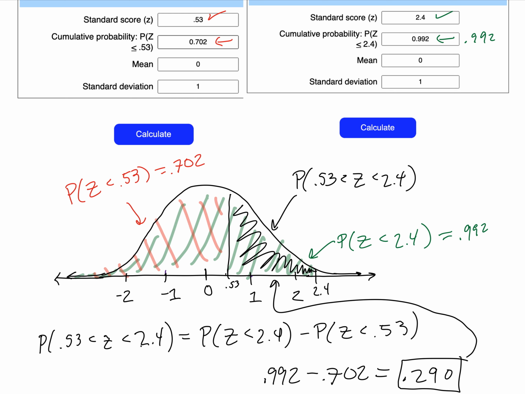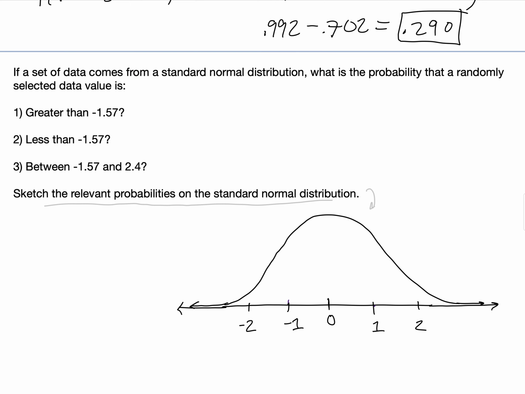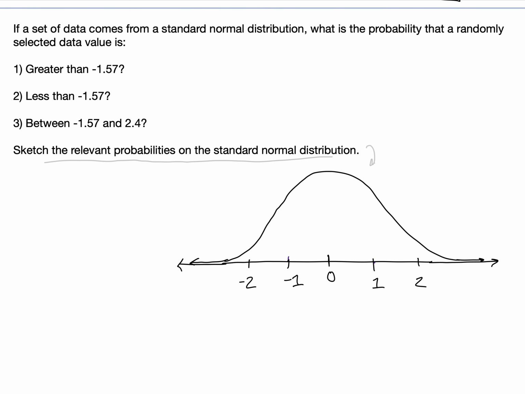Okay, so here are a few for you to try out. If a set of data comes from a standard normal distribution, what is the probability that a randomly selected data value is greater than negative 1.57, less than negative 1.57, and between negative 1.57 and 2.4? So find each of those probabilities.